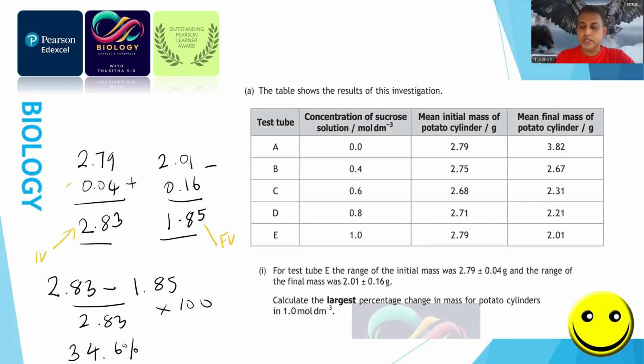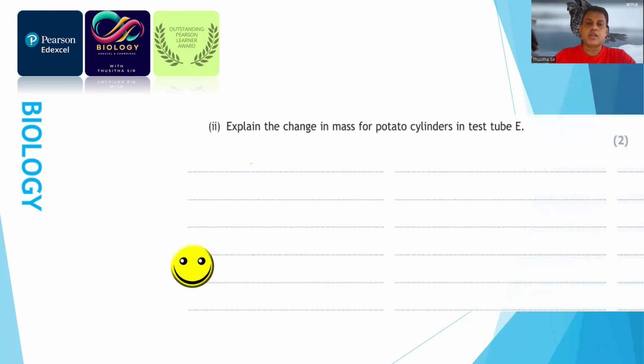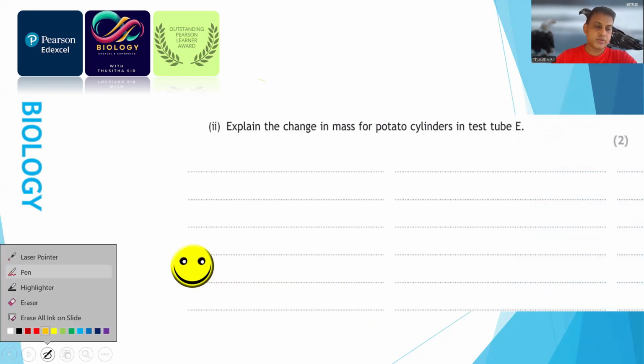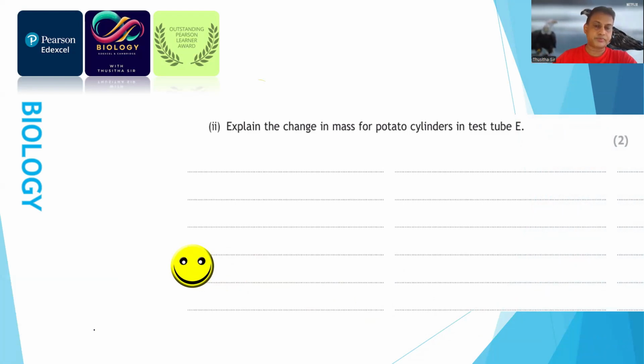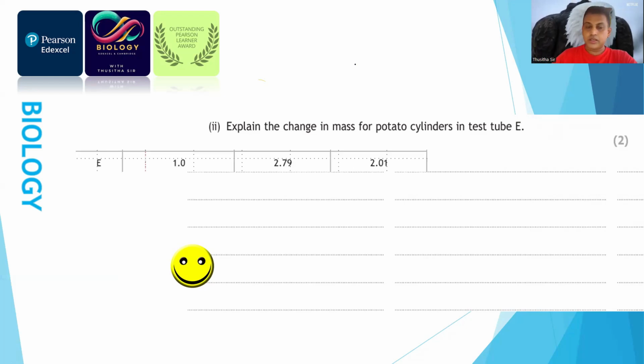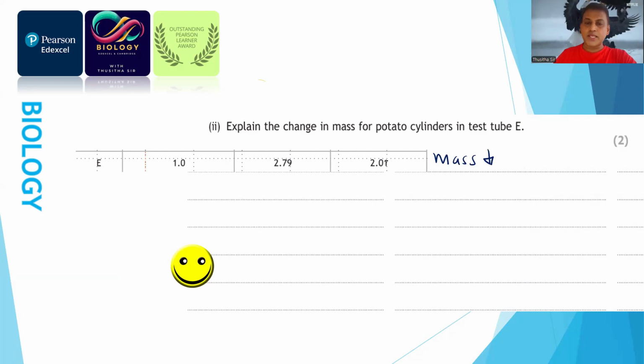Okay, we proceed to the next section of the question. Explain the changes in mass of potato cylinders in test tube E. So try to explain it now. So what we see, 2.79 and 2.01, meaning mass decreases. Why does mass decrease?